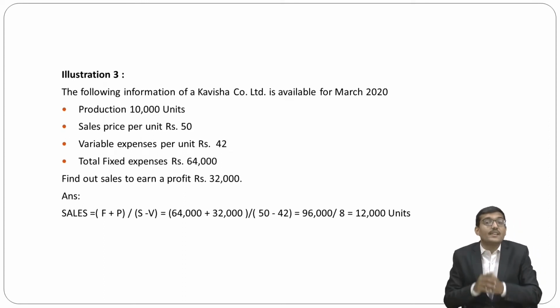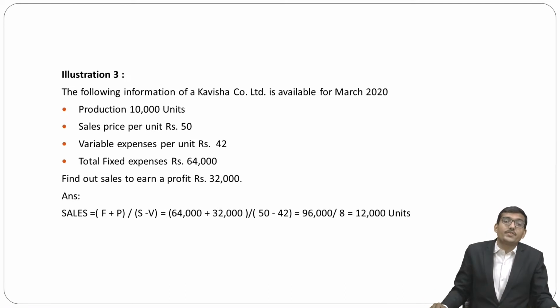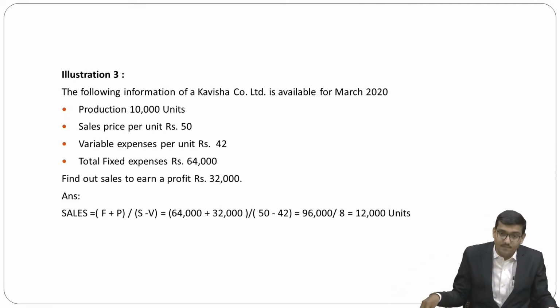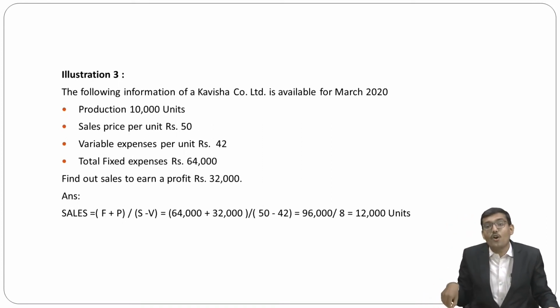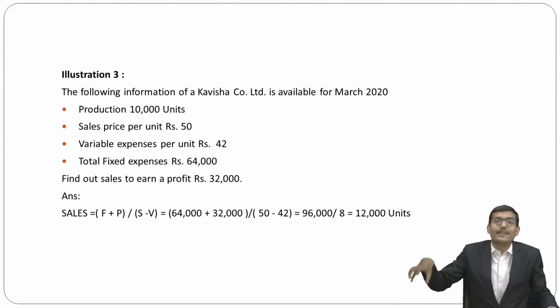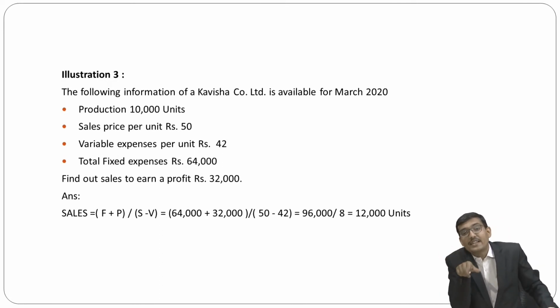So my dear friend, there is one formula with respect to it. Fixed cost plus profit divided by contribution. If there is a loss incurred in this, then the formula will be fixed cost less loss divided by contribution. So now the question is, sir, how do we get contribution?